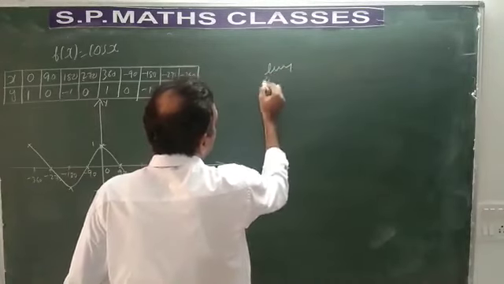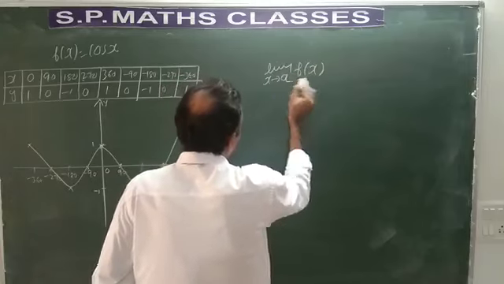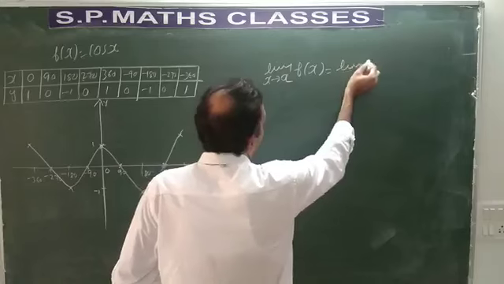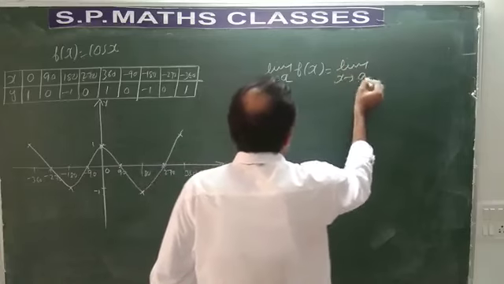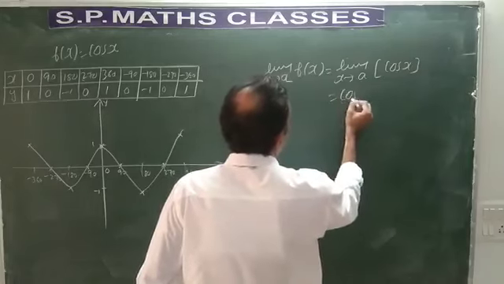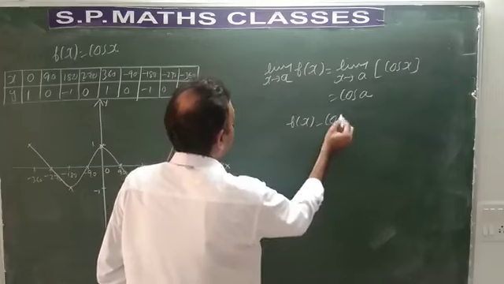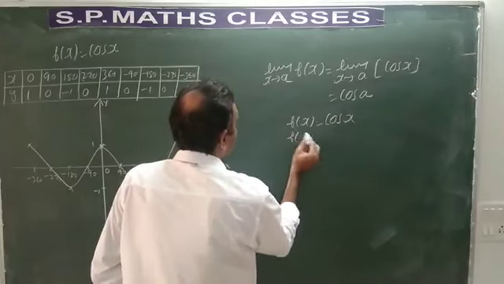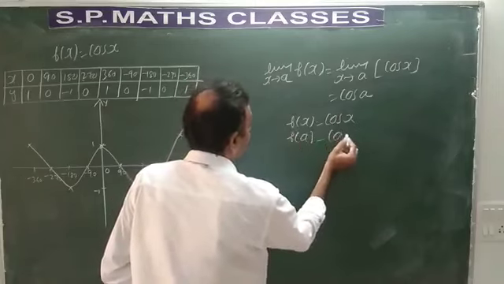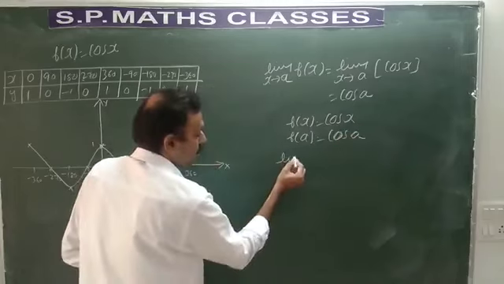Further, limit as x tends to a of f of x, it is cos x. It is cos a. F of x is equal to cos x, so f of a will be cos a.